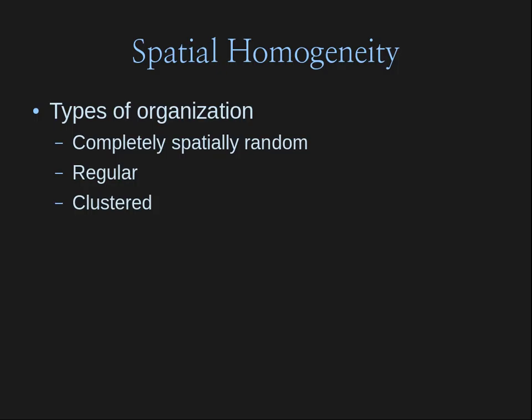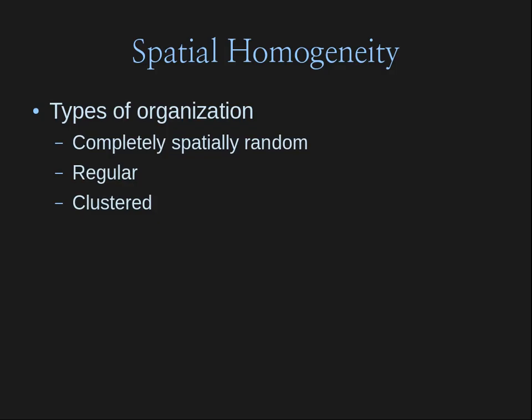This is what's known as being completely spatially random, or CSR, or just random. Alternatively, they can be regular, as in they are occurring at somewhat regular intervals. They're not occurring randomly. There is some sort of process that keeps them in some sort of regular, spaced out pattern. We'll talk more about this, and I'll try to give you examples of these. And they can be clustered as well. They could be occurring more closely to each other than you would expect randomly to happen.